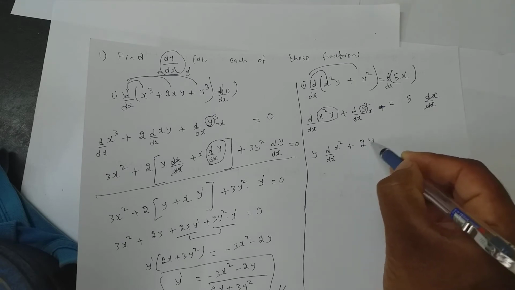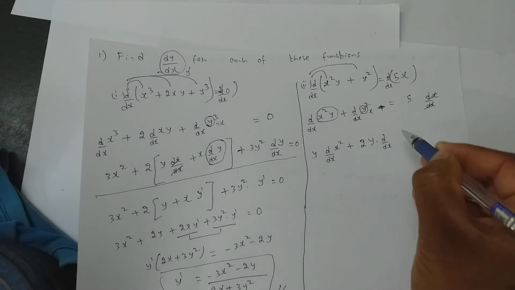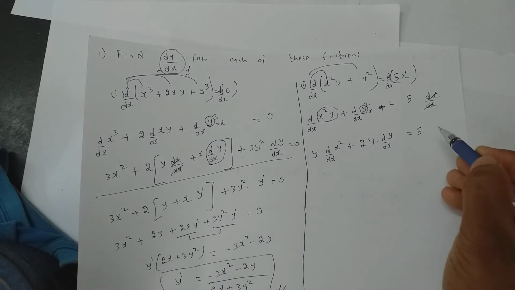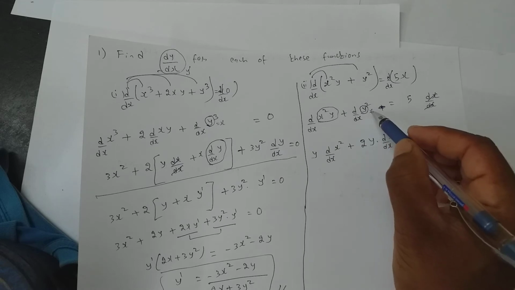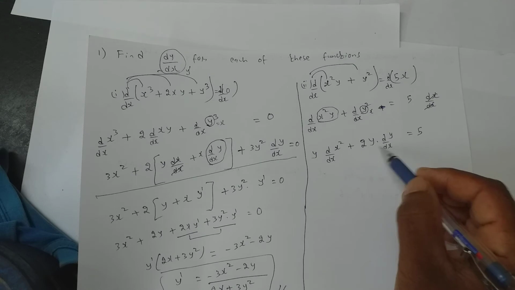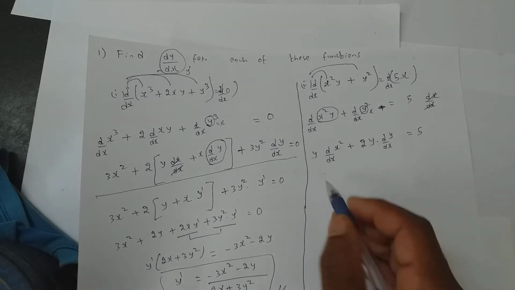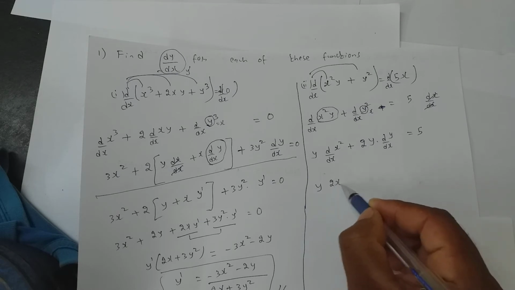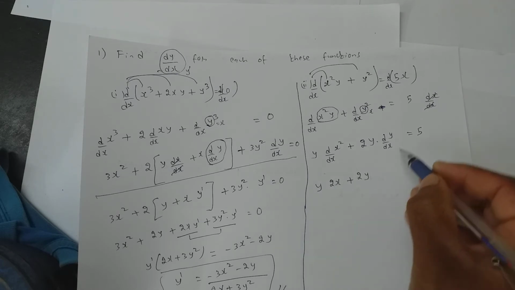So you get 2y into d by dx of whatever you have assumed, equal to 5. Am I clear? You assumed y to be x, so x square differentiation is 2x, so 2y into your assumed one. So now it is y into 2x plus 2y.